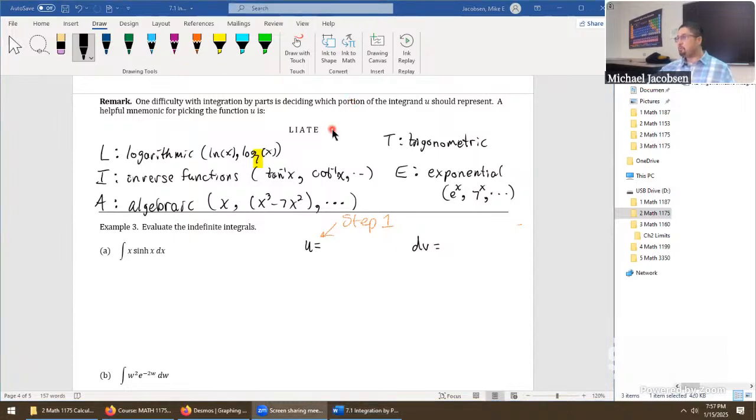Well, here's our process to help us get started on integration by parts. Step 1 is to analyze this function. We have here an algebraic function x. Hyperbolic sine is playing the role of a trigonometric function. It just happens to be a hyperbolic version of it. So we can now say u equals x.